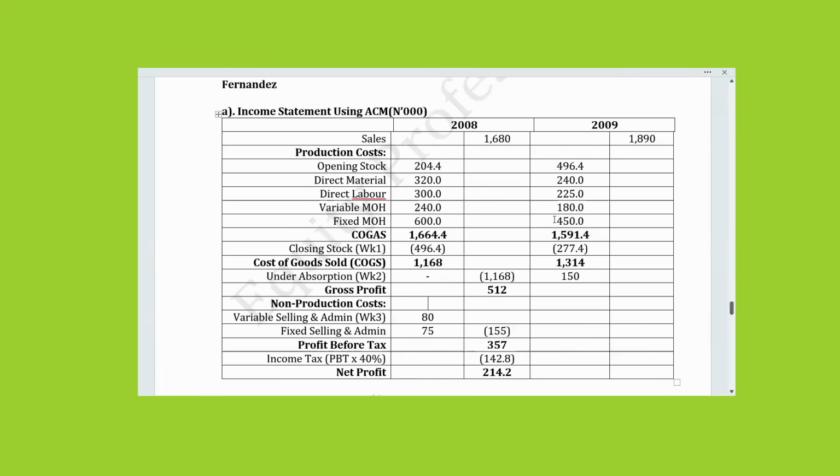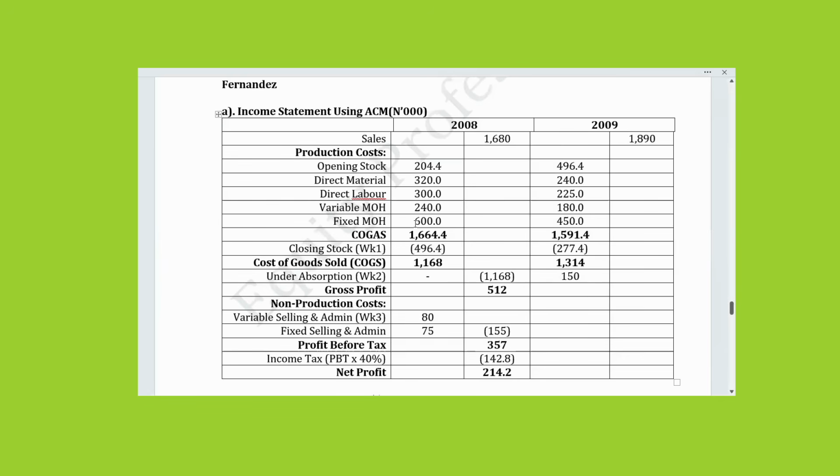But the fixed manufacturing overhead charged to a product in 2009 was 450. It means the overhead is under absorbed, and that is why you are seeing this 150 here. This is the 150 we calculated the other time, working number 2. Because it is under absorbed, we are going to add it to the cost of goods sold.